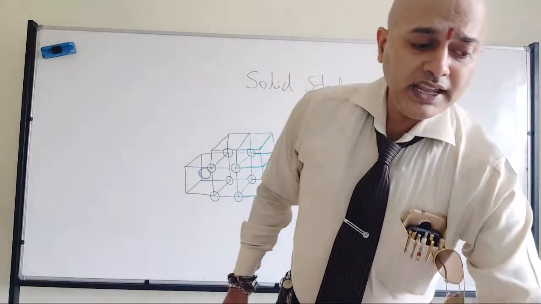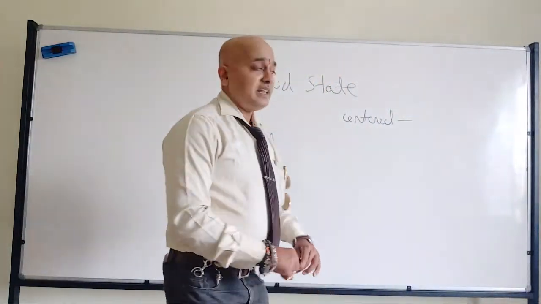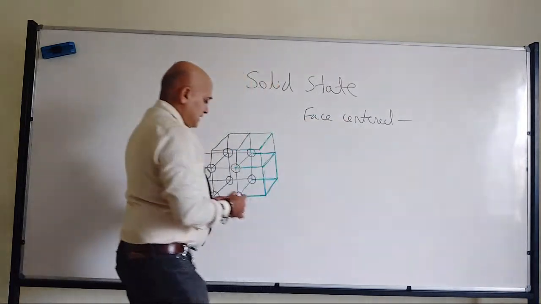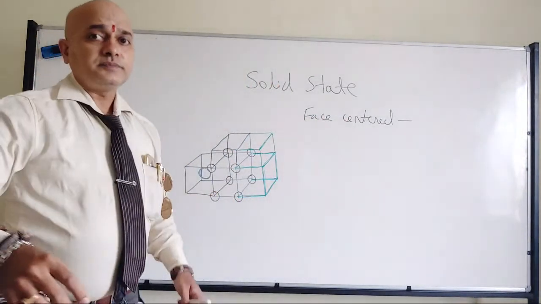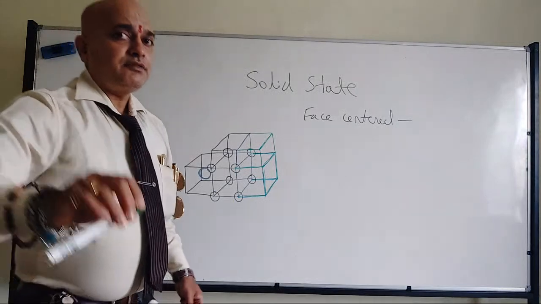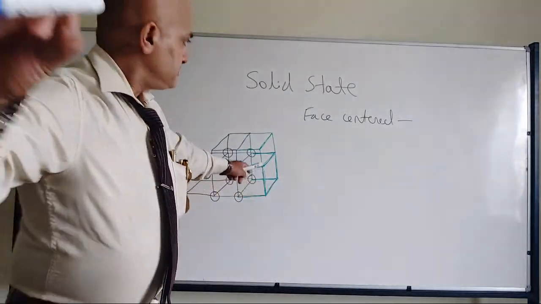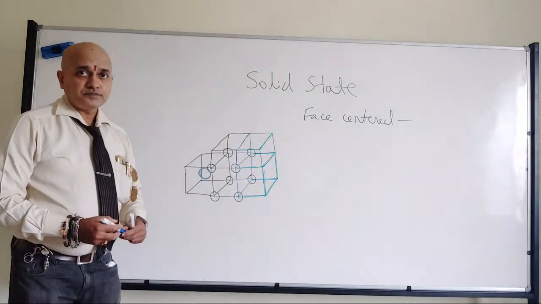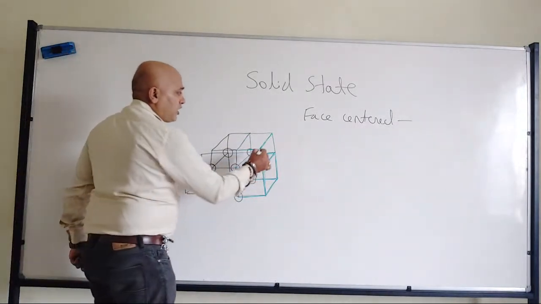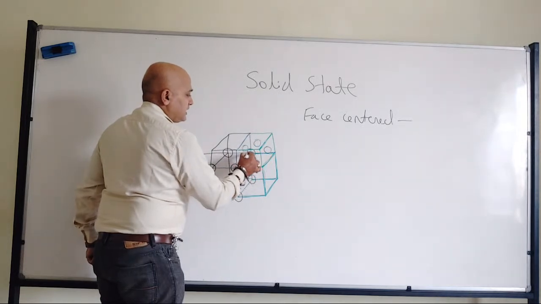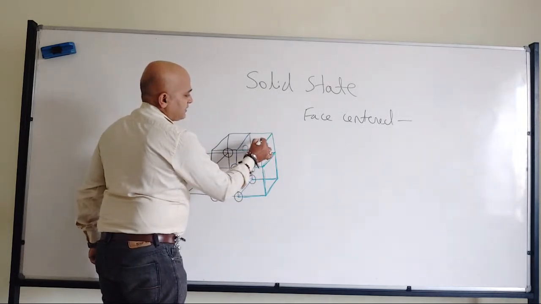Now we will move to the next one. That is face center. Now what I will do is, I will go for the upper one. Okay? So along with the corner, I have atoms present on the center of each face.